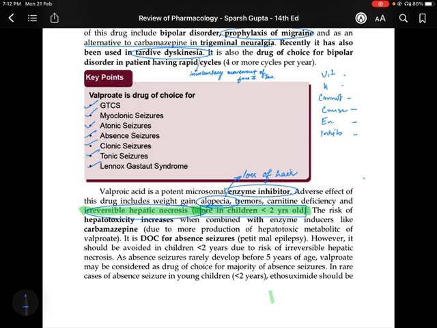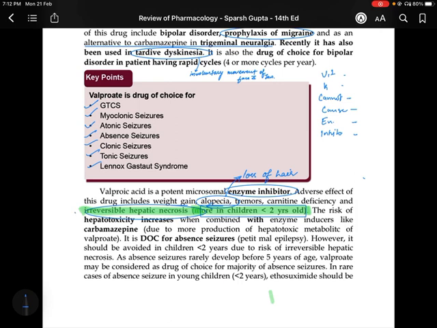It is absolutely a drug of choice for absence seizure because no other drug like carbamazepine and diazepam is used in absence seizures. Another name for absence seizure is petit mal epilepsy. However, it should be avoided in less than 2 years of age due to risk of irreversible hepatic necrosis.